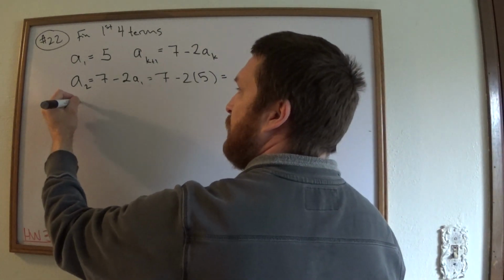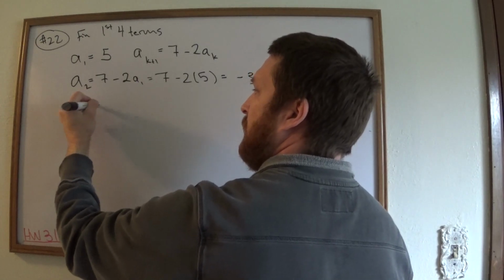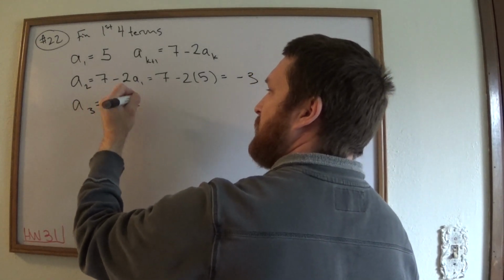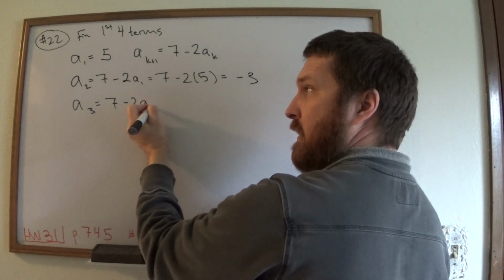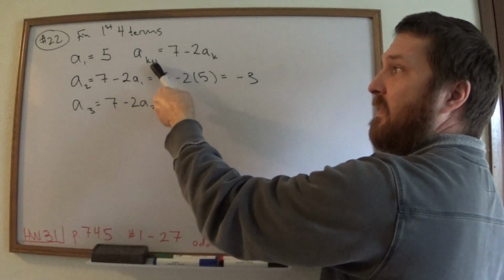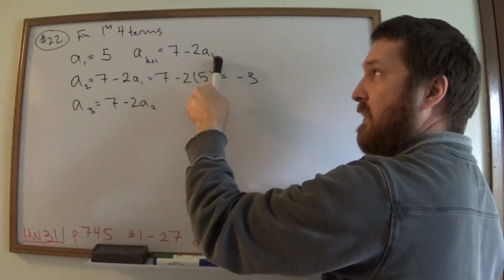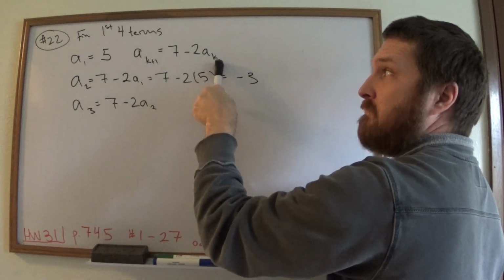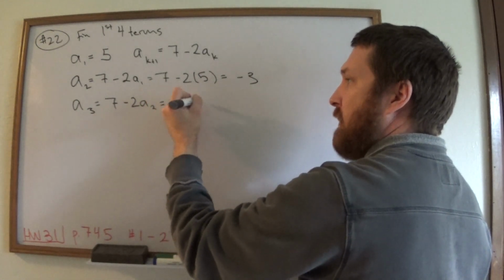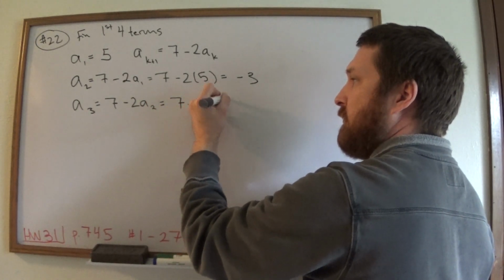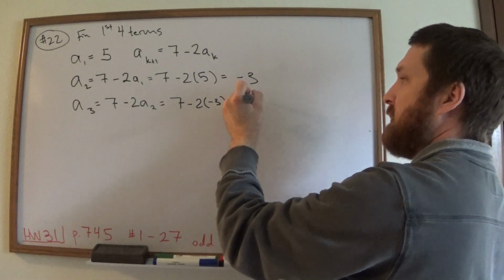Okay, we're finding the first 4 terms. We're almost there. This would be 7 minus 2 times A sub what? 2. Because if that is 3, then that is 1 less than that. So that has to be 2. And so that's 7 minus 2 times negative 3 works out to 22.